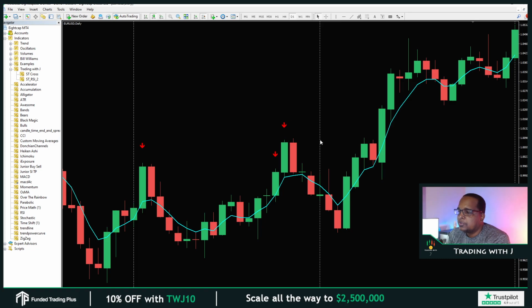So the arrows plot when the bar is closed, and this is something that a lot of people make a mistake with. You don't enter a trade before the previous bar is closed, especially if that is the bar that you're using to determine your entry, because the bar could go up.